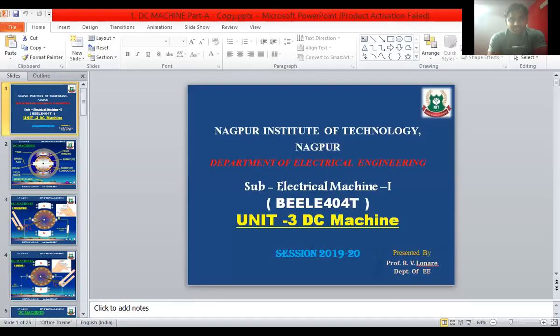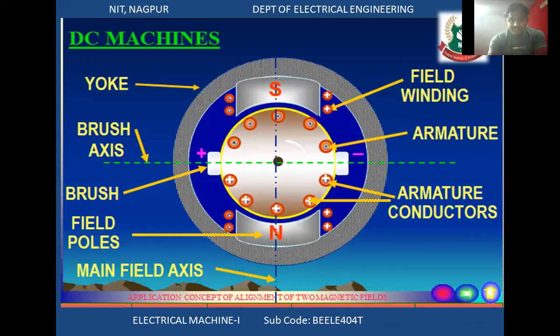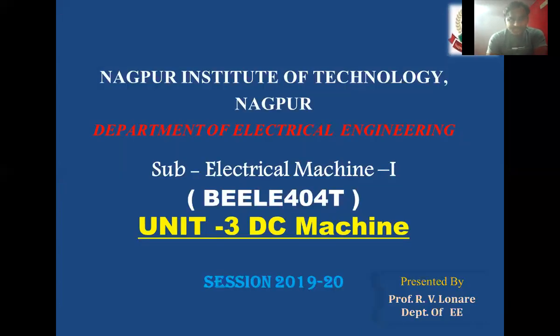We will study today the third unit of Electrical Machines 1, that is the DC machine. On the screen, you can see the slides for unit number 3, the DC machine.